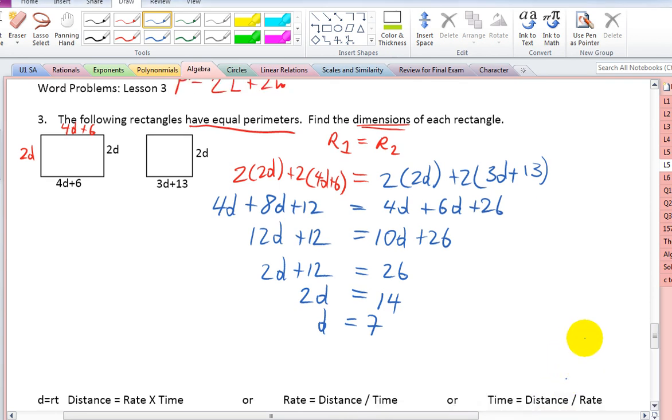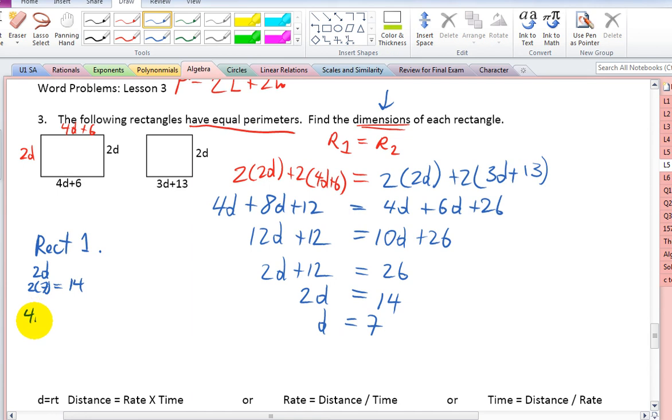Okay, hands up if you think 7's the answer. It's not. The reason why is it says find the dimensions. So the answers for rectangle 1 is going to be 2D equals 2 times 7, so that equals 14.